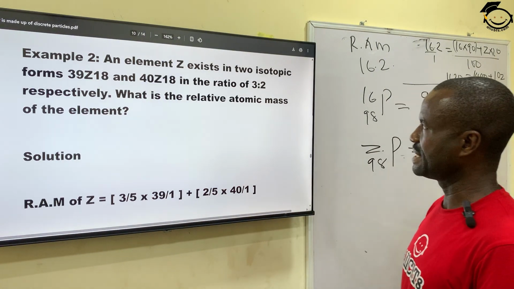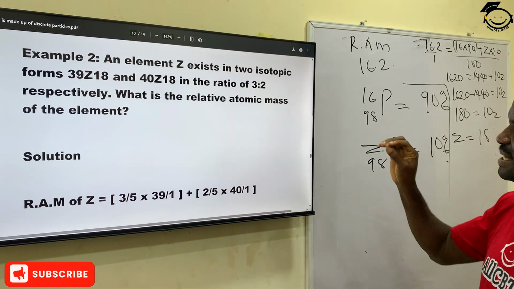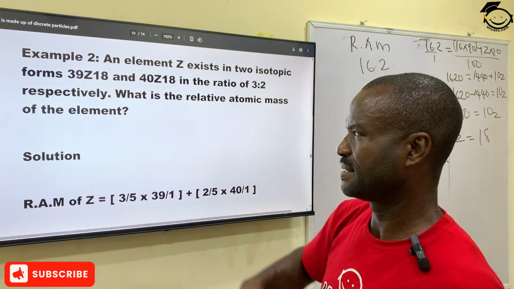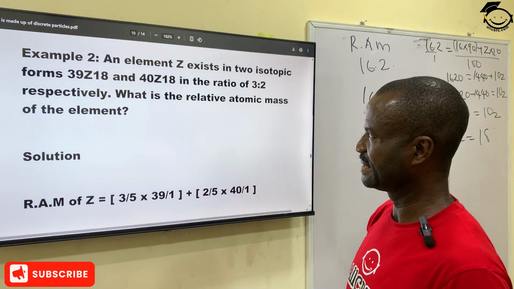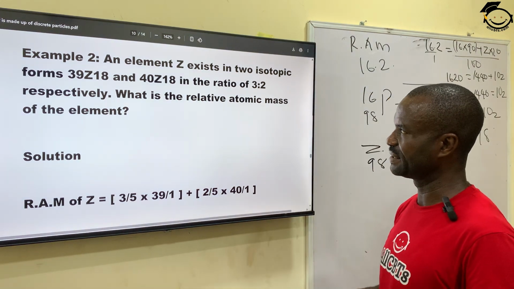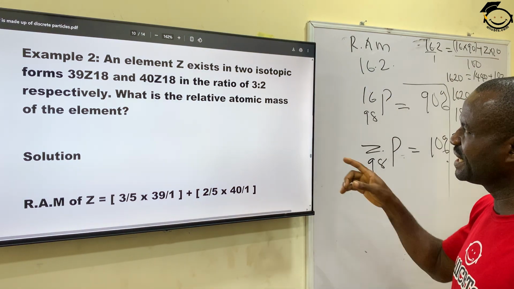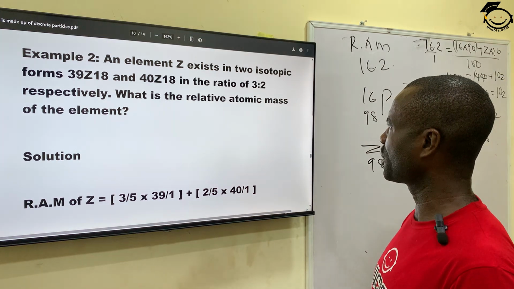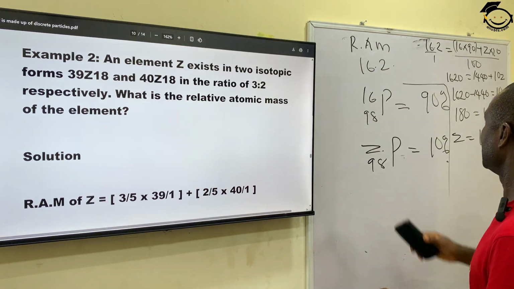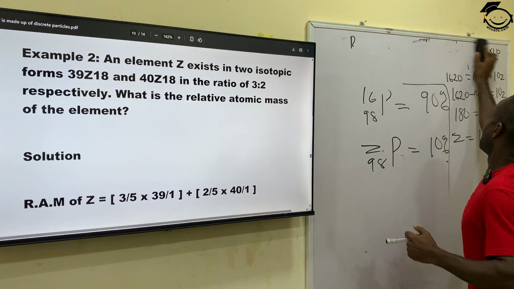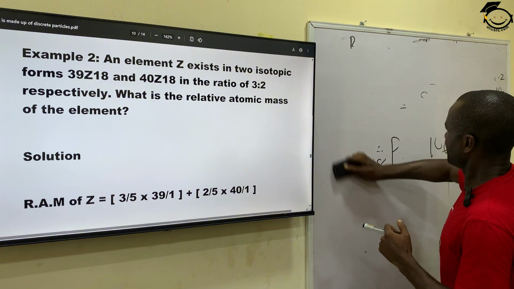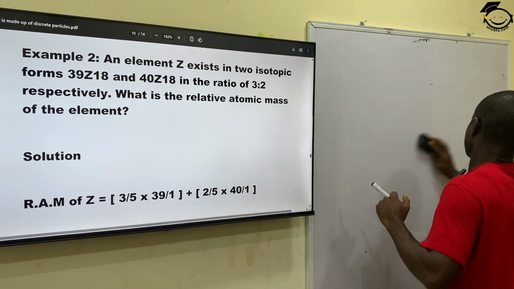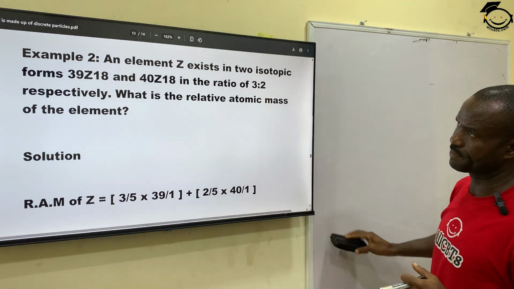An element Z exists in two isotopes, 39 Z 18 and 40 Z 18, in the ratio of 3 to 2 respectively. What is the relative atomic mass of this element? In this example, we can calculate the relative atomic mass given their ratio.